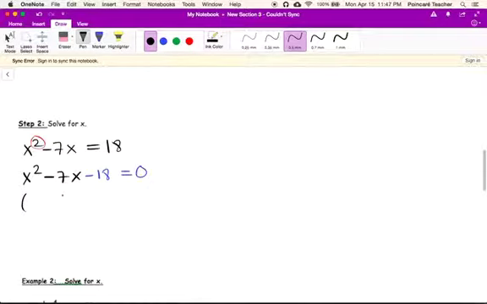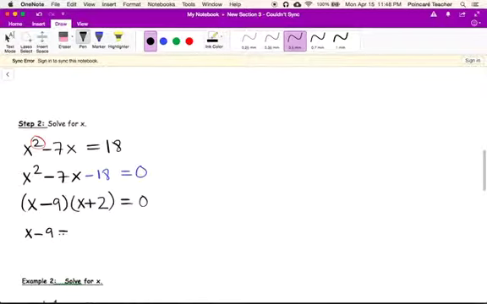Since it's a simple one in the sense that there's a coefficient of 1, I can use a shortcut for factoring. Two numbers that multiply to give you negative 18 but add to give you negative 7. That will have to be 9 and 2. The 9 has to be negative, and the 2 has to be positive. So this factors like this.